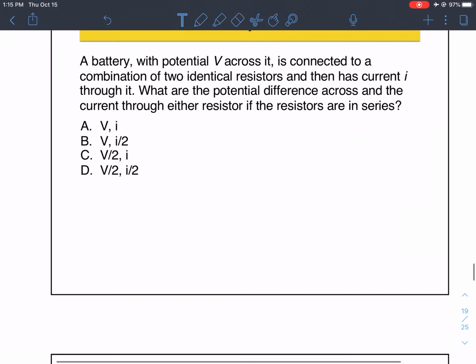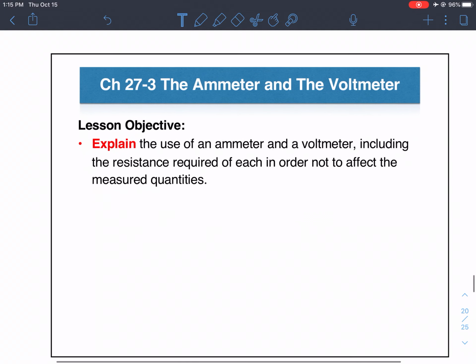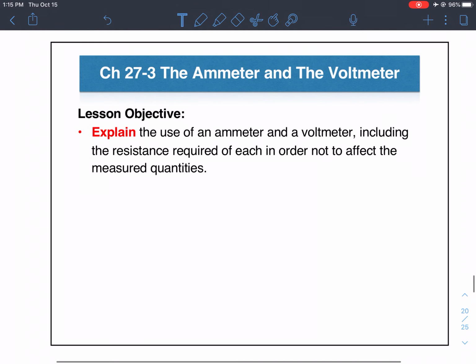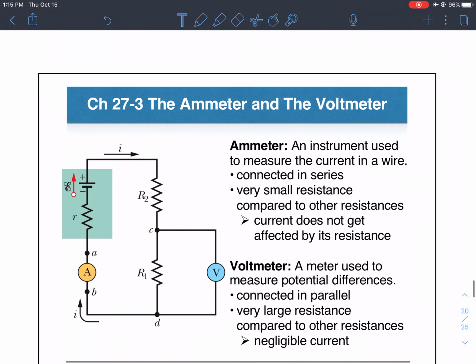I just want to get to the last part, how to connect an ammeter and the voltmeter. So in this case, we already did practice this in the lab, and I just want to briefly go over how do we do this properly.